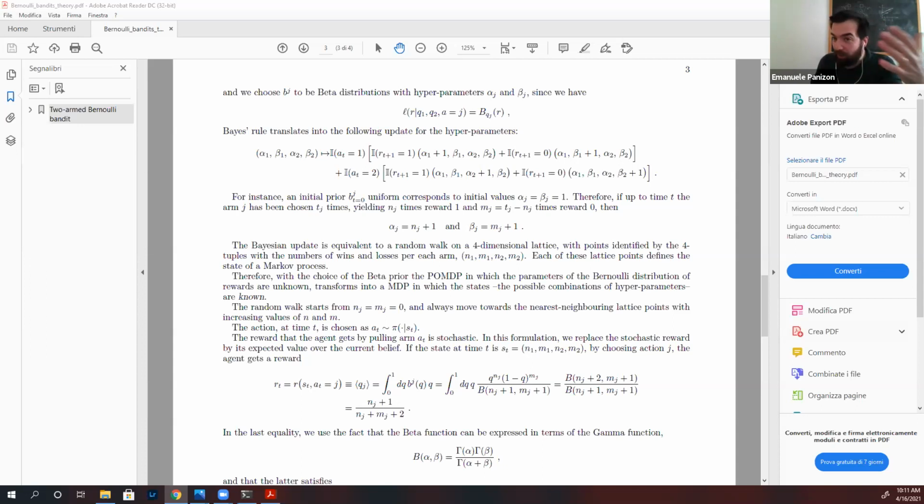So from now on, I will use the term belief or state in a hopefully not so confusing way. I will perhaps say state because they are the states of a new Markov decision process, but I will write B. It means that these new states are actually beliefs. So we went from a POMDP into an MDP in this new space. The new space for this MDP is made of these beliefs and can be described by these four numbers.